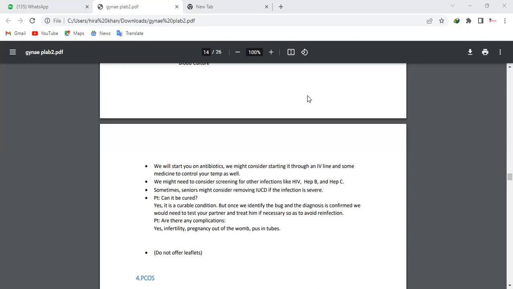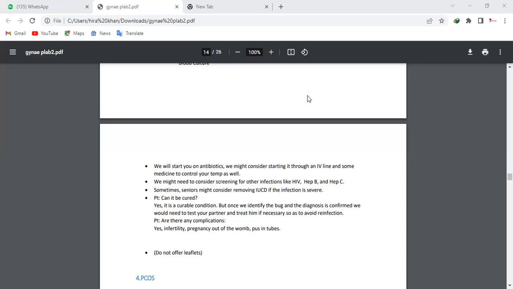And then complications, same. The concern of the patient was, doctor, will I be able to get pregnant? So what you are going to answer is, well, one of the complications of a sexually transmitted infection is that it can cause infertility, but with proper treatment, we can prevent it. Okay, that's it.